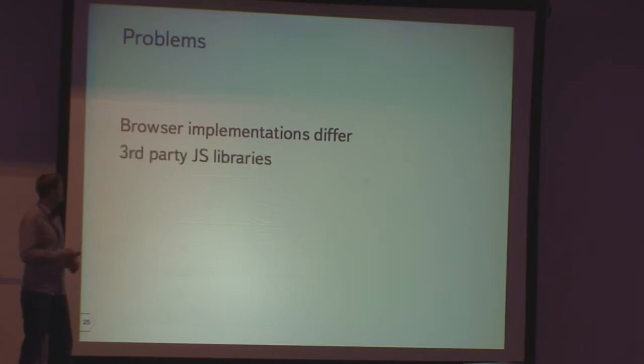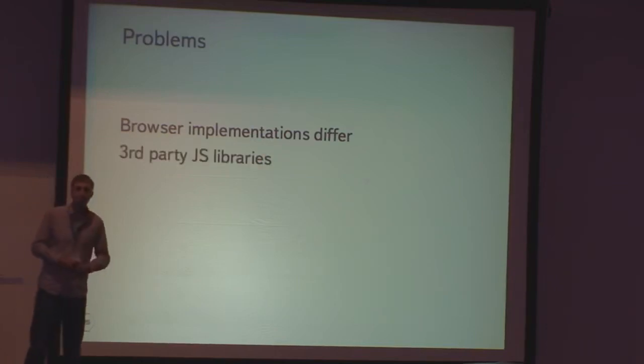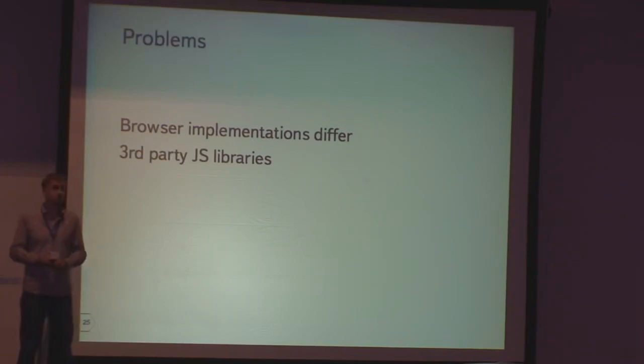And what else? We of course had a lot of problems with third-party JavaScript libraries. Some of them use inline injections, for example style injections or JavaScript injections, to identify the current browser's features and so on. But at the same time, it breaks the content security policy paradigm.